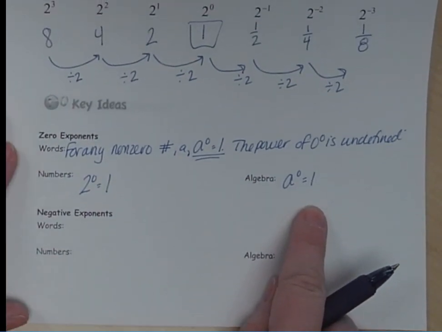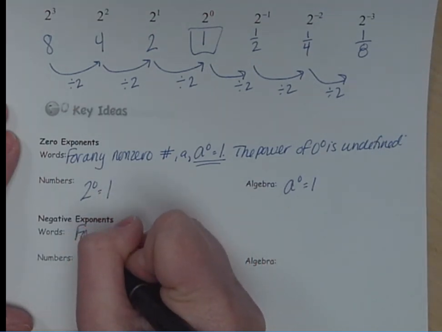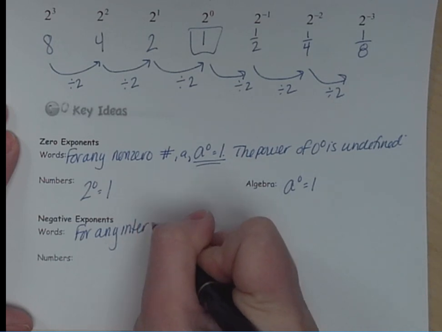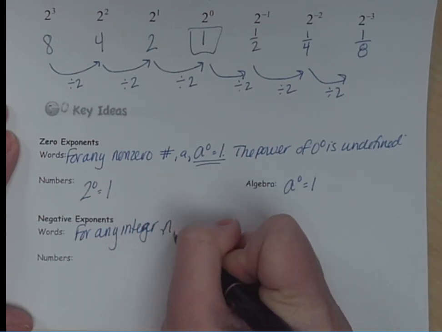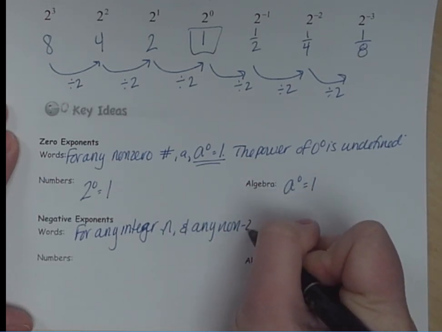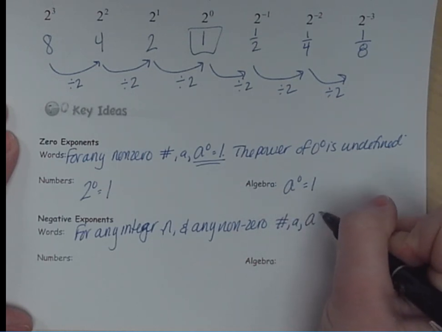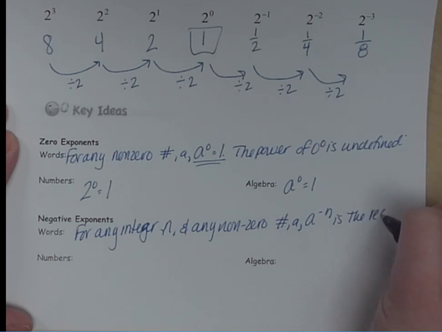Well, let's take a look at these negative exponents. What happened here? For any integer n and any non-zero number a, a to the negative n is the reciprocal of a to the n.